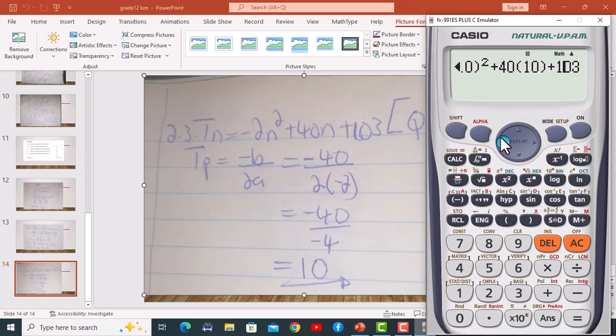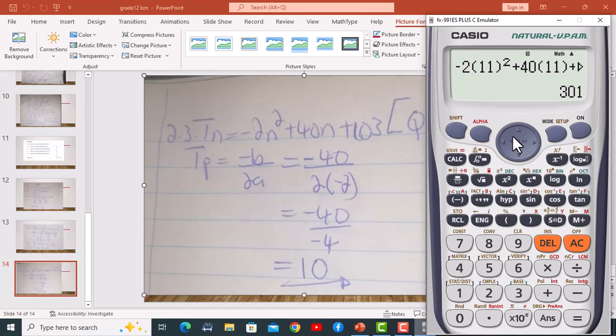Somebody might say, okay, let me substitute 11. You see, you get 301. The values are decreasing to show that they cannot be the largest value.